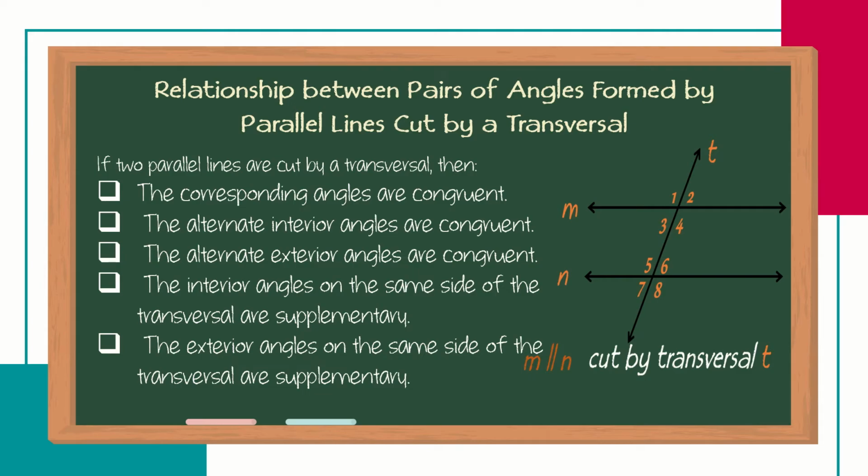To strengthen your knowledge regarding the different angles formed by parallel lines cut by a transversal line and how they are related with one another, you may visit the quarter 4, week 4 episode on this channel.